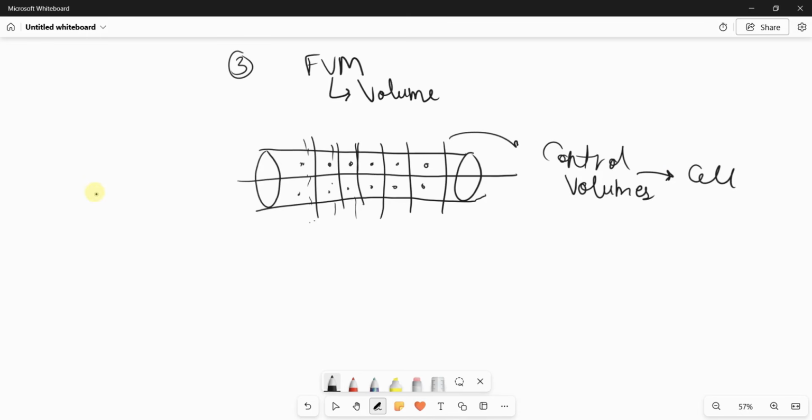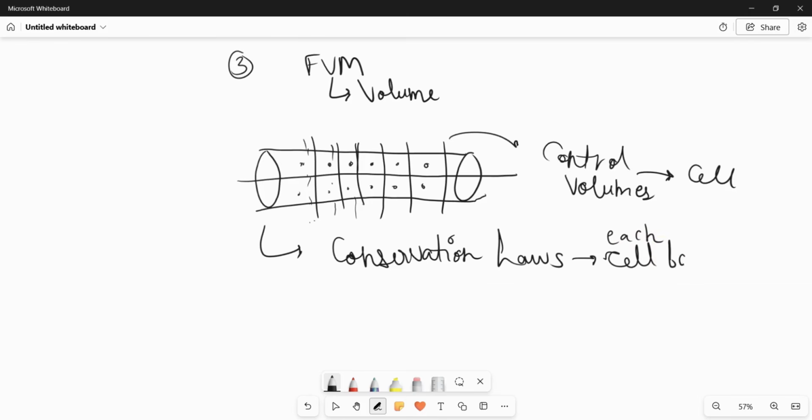Now what FVM does is it applies conservation laws to each cell boundary. When you apply conservation laws to each cell boundary, technically what you would be finding is your flux, right?